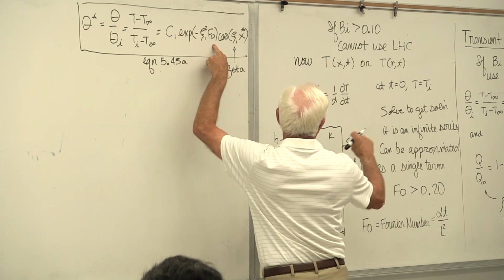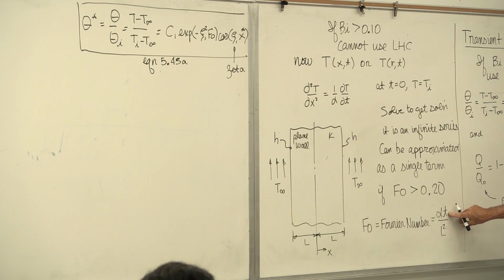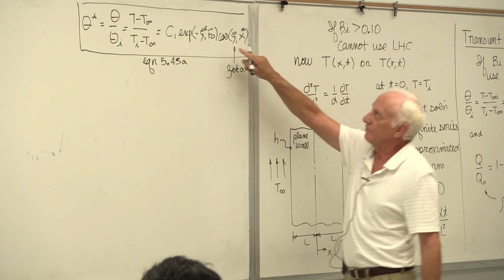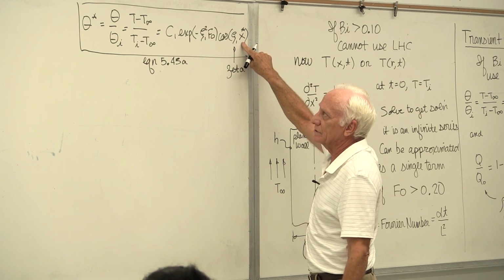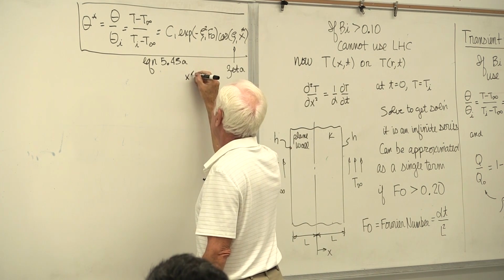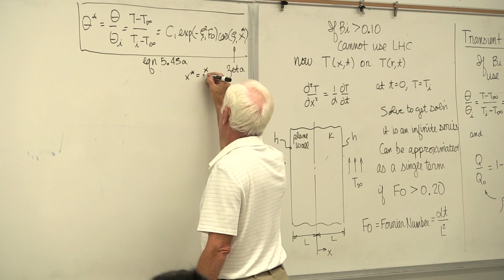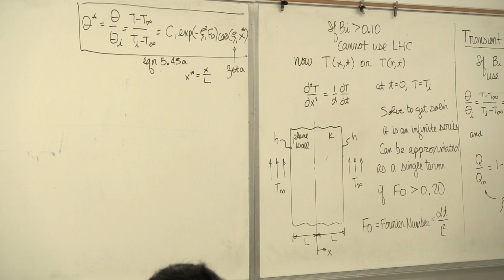Time is in the Fourier number. There's Fourier. Where is x? In the cosine term, x star. What is x star? X star is x over L, the half wall thickness. It's a ratio. X star goes from 0 to 1.